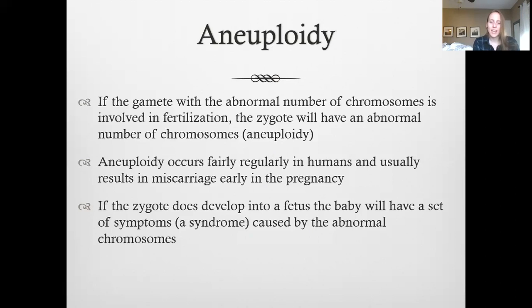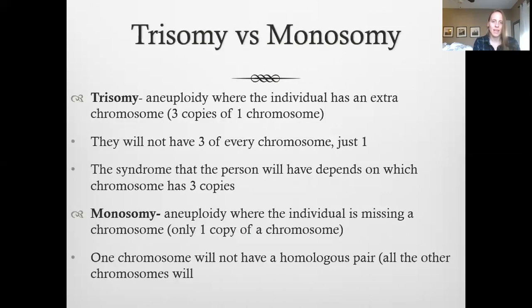And if that's the case, then that embryo will develop into a fetus and into a baby, and then that baby will be born with some sort of syndrome or symptoms caused by that abnormal number of chromosomes. Having an abnormal number of chromosomes will always have some sort of symptoms attached to it.